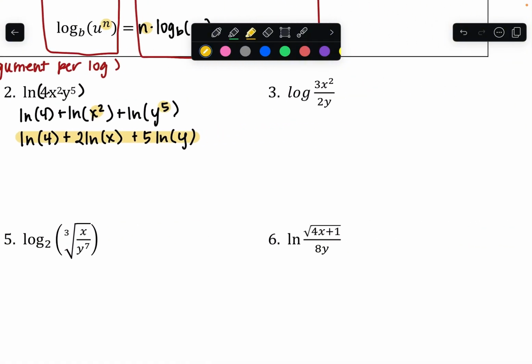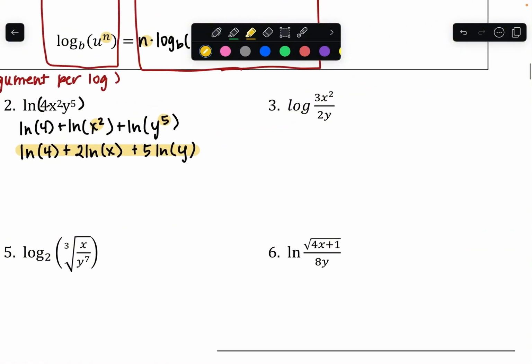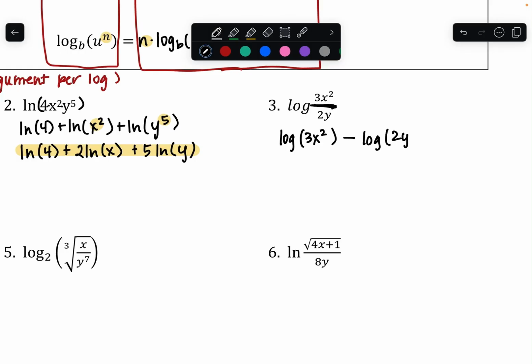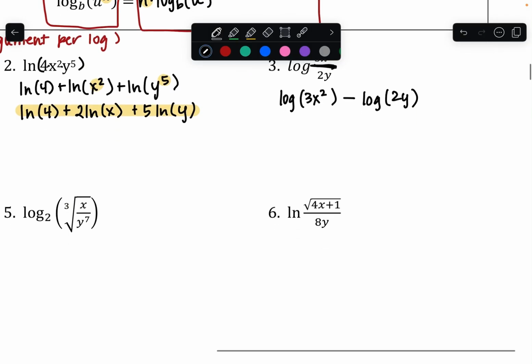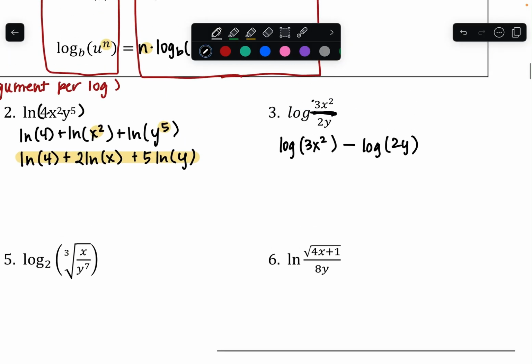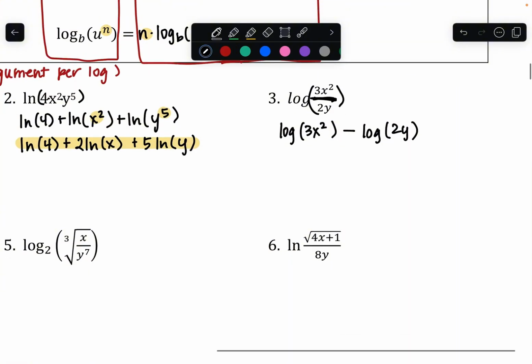All right, this next example, there's a lot going on. The first thing I want to do is break it apart because it's division. So I'm going to have the 3x squared inside its own log minus the log of 2y. Break apart that fraction first, and then now we can break apart the products. So we have log 3 plus log of x squared.